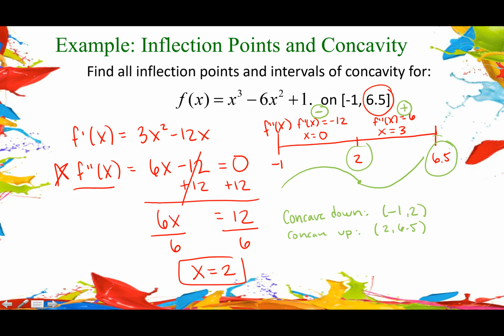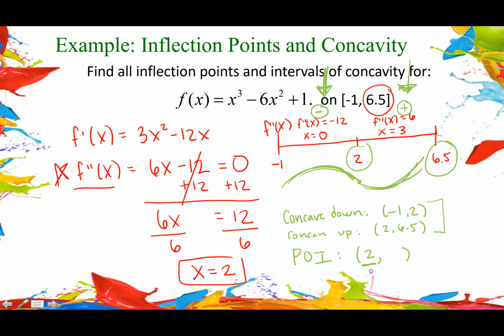Now, do we have a point of inflection? Well, we absolutely do, because it's gone from negative to a positive, meaning it's gone from concave down to concave up. So our point of inflection is at 2 comma. Where do I get this y value right here? Well, this is a coordinate versus these are intervals.